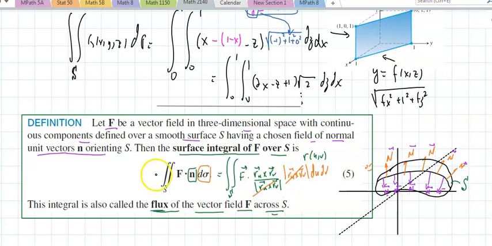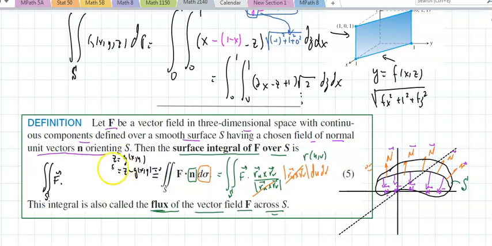Or I could say this is the double integral over region S of F dotted with, if I'm given z equal to some function of x and y, the catch is I need to make z minus g of x, y equal 0.